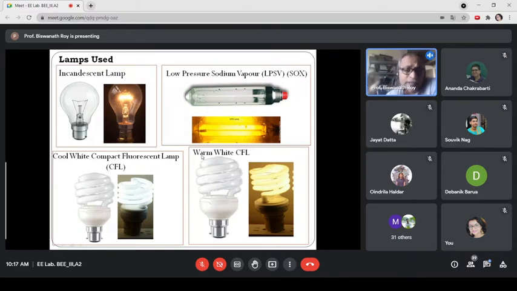But why is this name given, warm white? This is basically a white lamp. Here the white light is coming out, but the light is yellowish. The color of fire is yellow. From that analogy, fire means hot, so a yellow-white lamp is termed as warm.